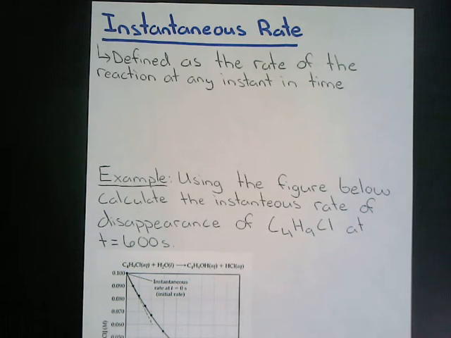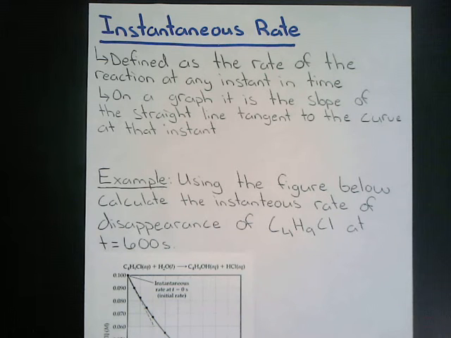So this is saying, at time whatever, what is my rate? Now, how we find this is by using a graph. On the graph, the instantaneous rate is going to be the slope of the straight line tangent to the curve at that particular instant you are interested in.